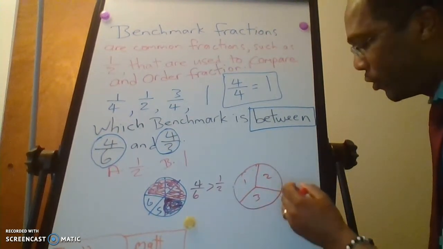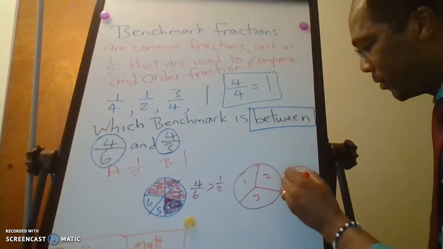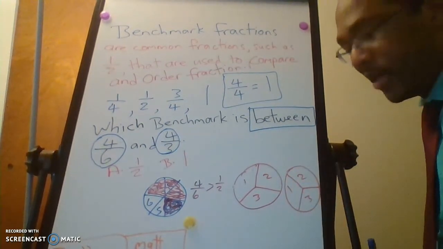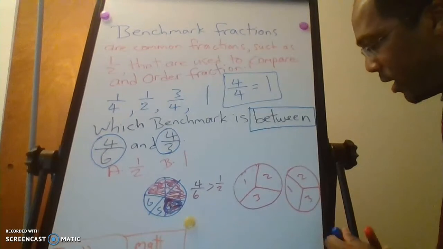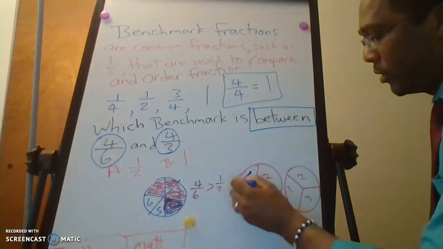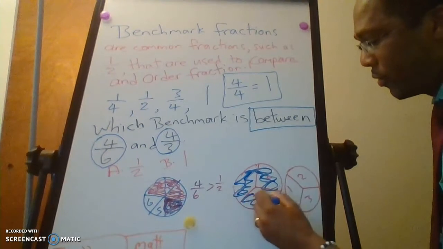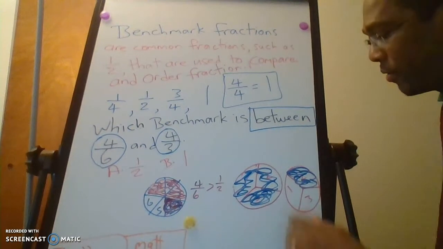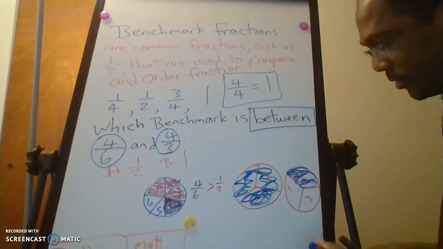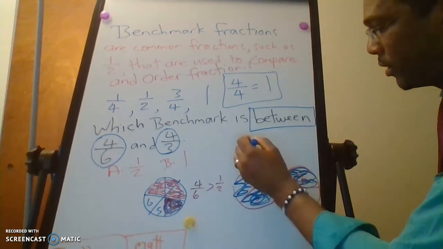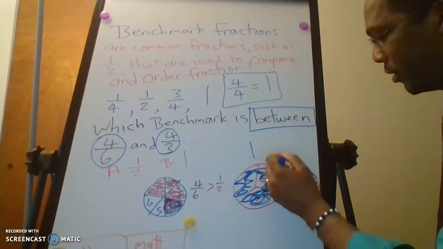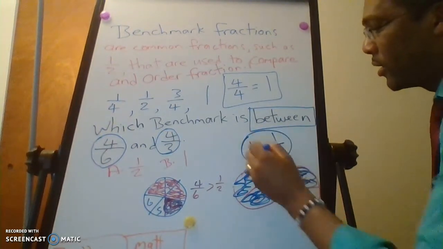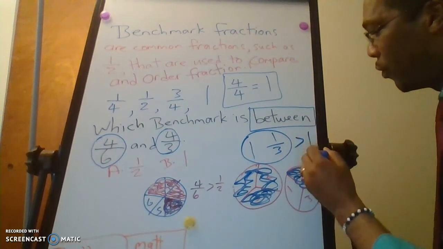No, which means I'm going to put in another whole. 1, 2, 3. Now, can I shade 4 out of 3? Absolutely. 1, 2, 3, 4. I'm shading 4 out of 3. 4 out of 3 is one whole and 1 over 3. So I know that this is more than 1.